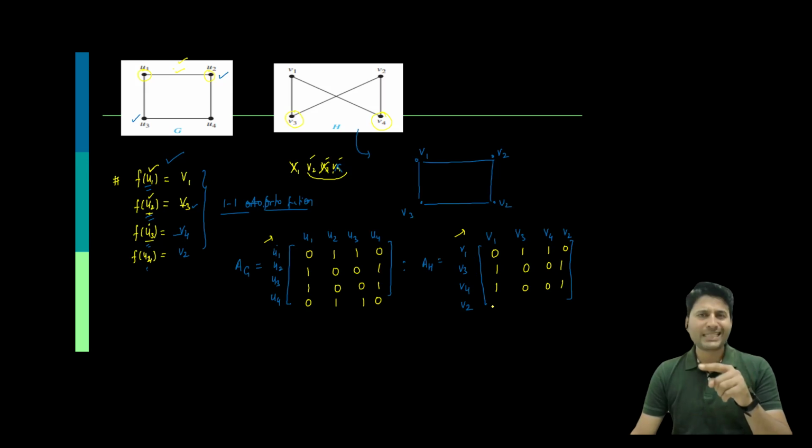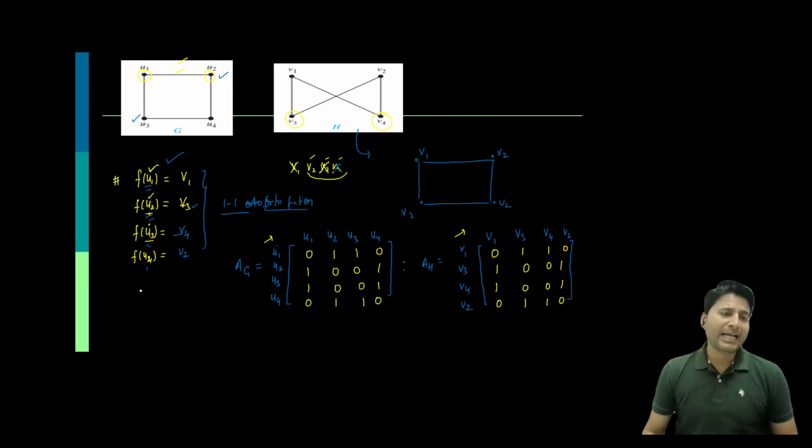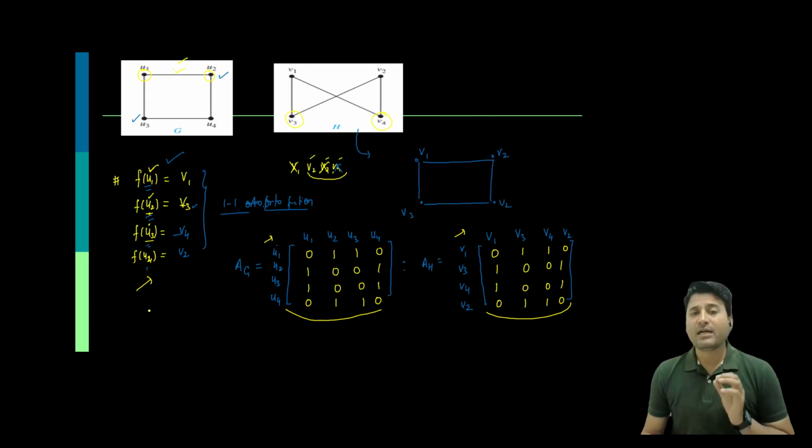Similarly, V2 is connected to 3 and 4. So what I did is make a one-one onto mapping, and corresponding to that, the adjacency matrix comes out the same. Hence, the given pair of graphs are isomorphic.